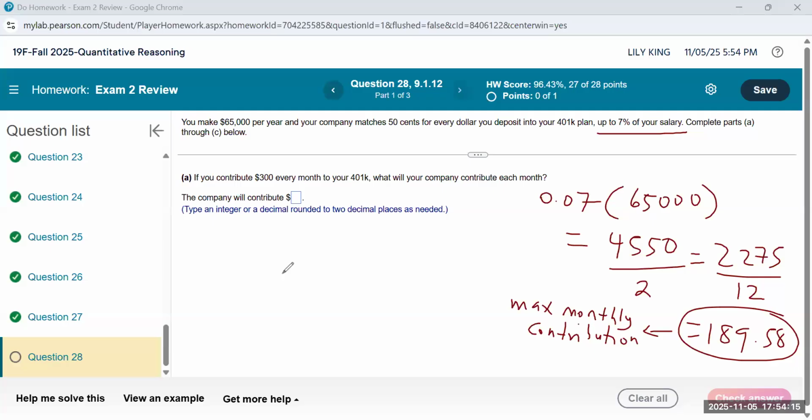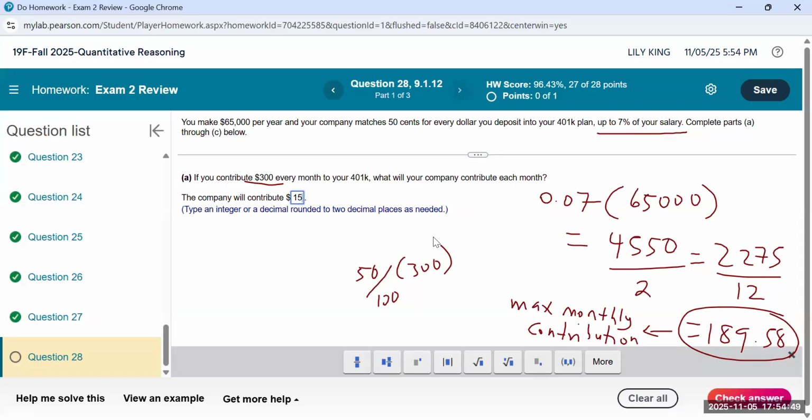by the company. There is a threshold or a limit to how much they are going to contribute. So if you make a contribution and after the match it is higher than this value, they are only going to contribute this maximum amount. So for the $300, 50% of the 300 is just 150.